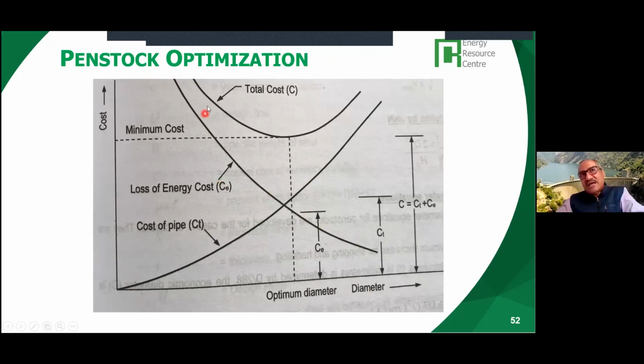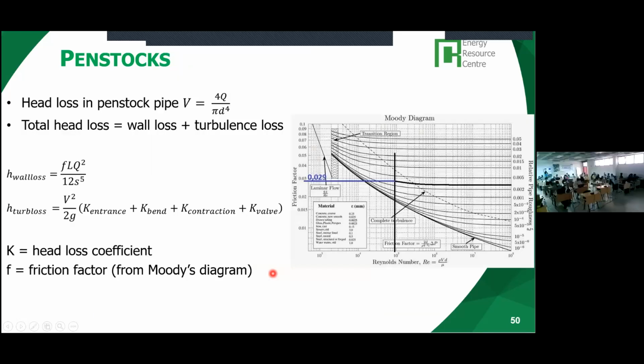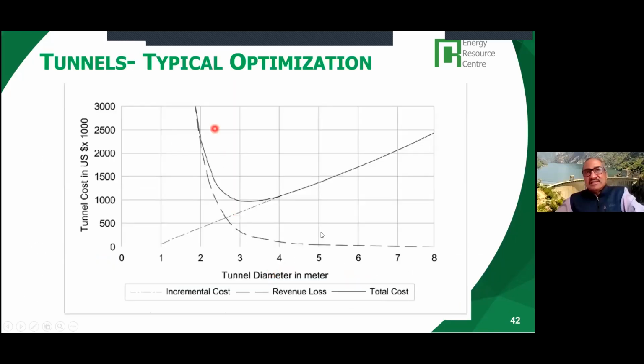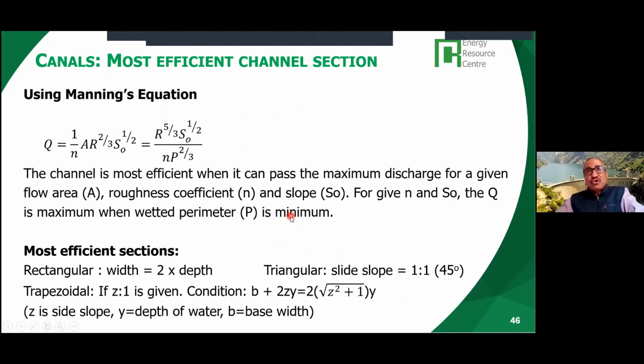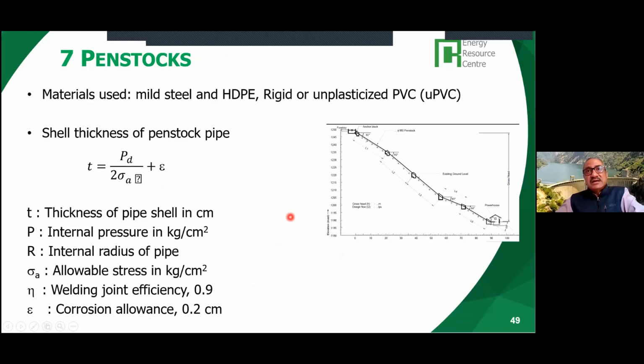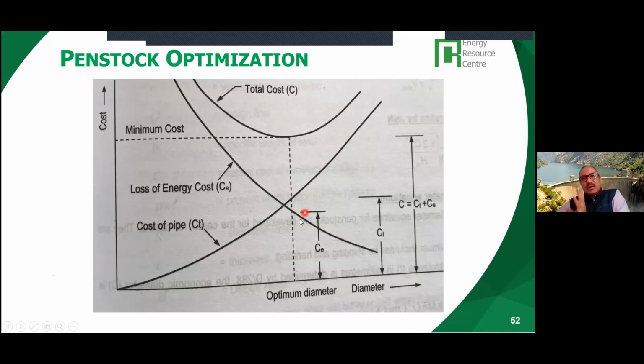So you find the total cost, which is the cost plus the energy lost, and where the total cost comes out to be the minimum, we call this the optimum diameter, like we did for the tunnel earlier. Like this equation for a typical tunnel optimization, for the penstock we also use this diagram. So this is how a penstock optimization is done.